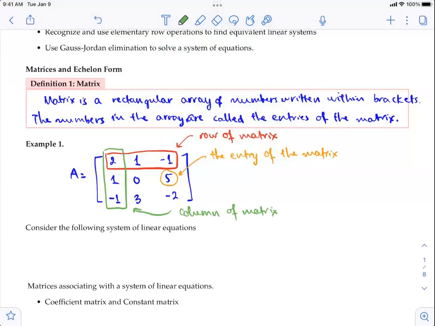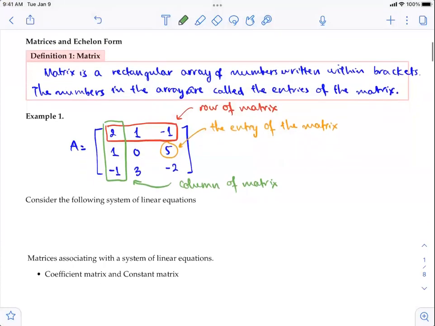So that is as much as you want to know about matrices at this point. A matrix is an array of numbers written within brackets, and the numbers are called entries of the matrix. In this case, you have three rows, row 1, row 2, row 3, and three columns: column 1, column 2, and column 3.